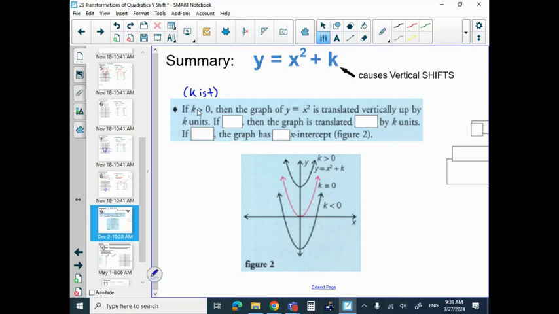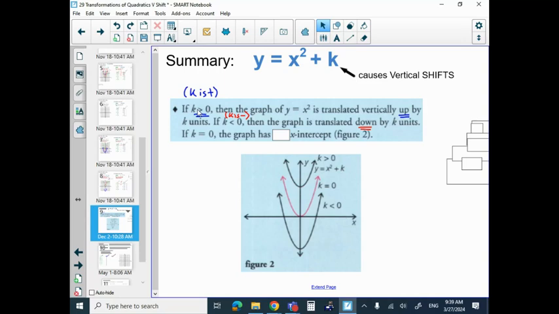So if k is positive, it's going to go up. And if k is negative, so I'll go with red here, so k is a negative value, and of course it's going to go down, right? There it is, down.